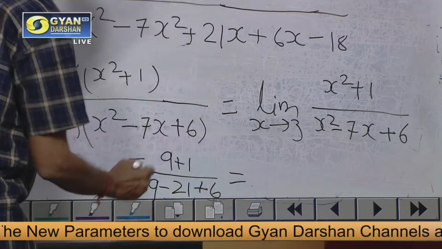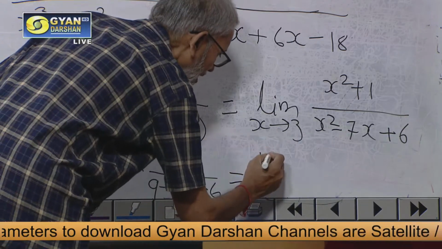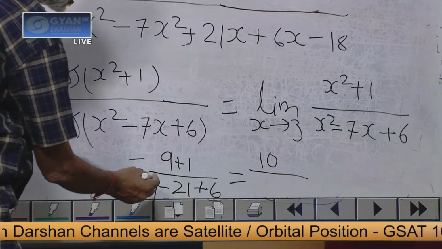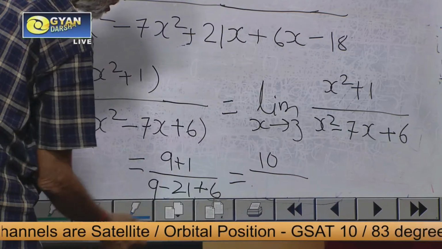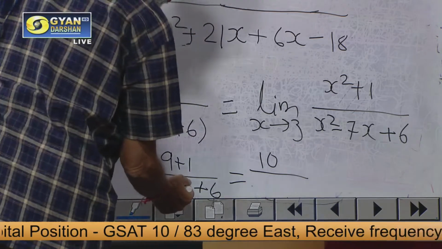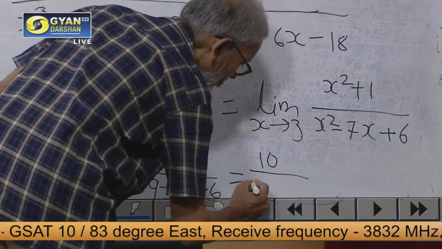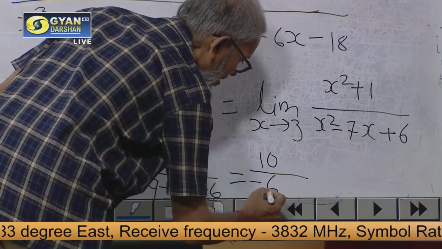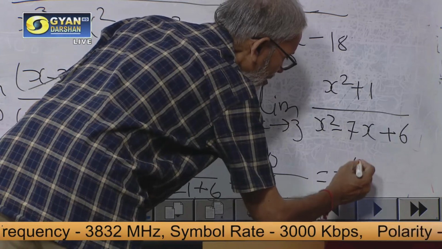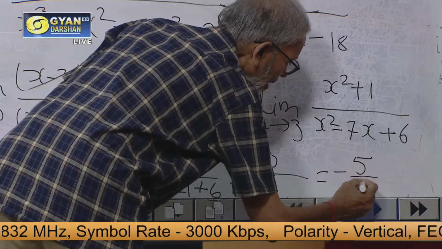So, this will be equal to 10 in the numerator, and in the denominator 9 plus 6, 15, minus 21. So, it will be minus 6. So, this will become minus 5 by 3.